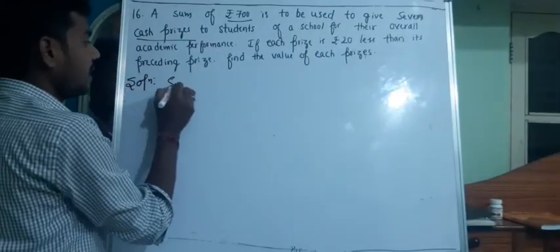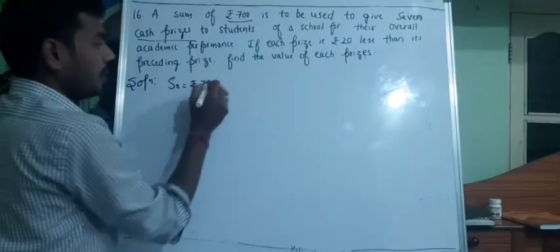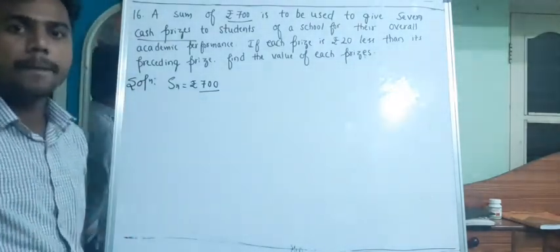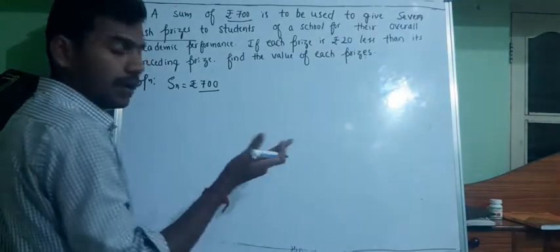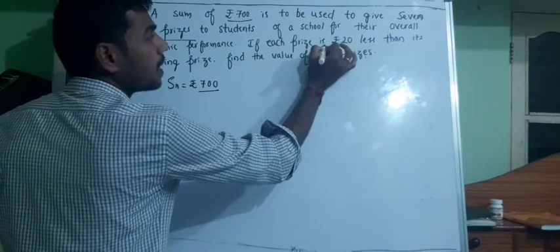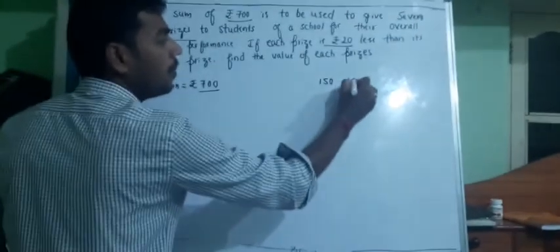So total Sn here is rupees 700. Total sum that the school holds is rupees 700 for distributing prizes. And they are telling that if each cash prize is rupees 20 less than its preceding prize. Suppose say the first prize is rupees 150, then second prize will be 130.